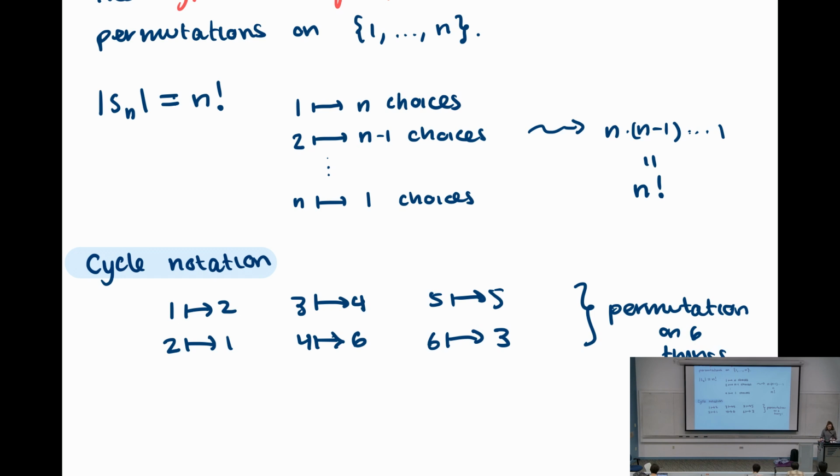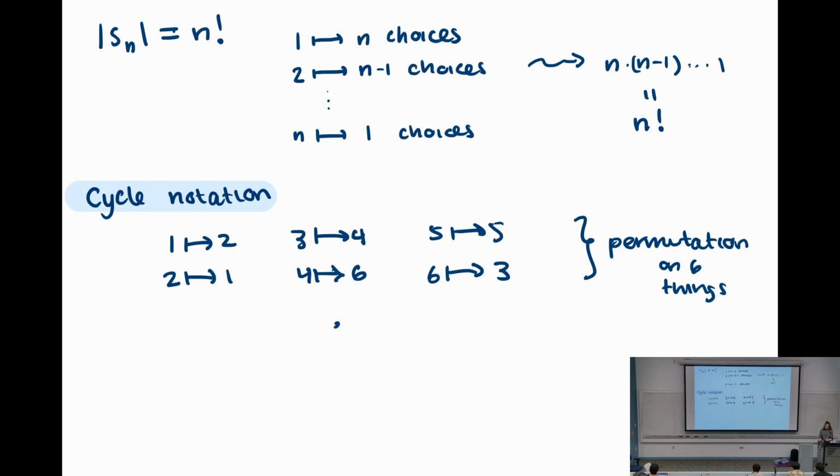And we could picture it as follows. I could write down each of these 6 numbers and just draw what happens to each element. So 1 goes to 2, and 2 gets sent to 1. 3 goes to 4, 4 goes to 6, and 6 goes back to 3.